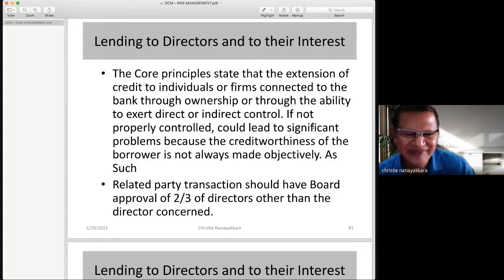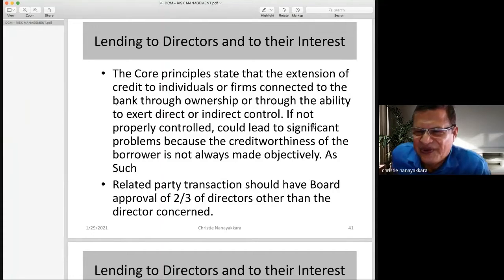Now, to avoid that, central bank has put in place that any facility concerning a director has to be approved by the board of directors themselves with a two-third majority. That means, say you have 11 directors in the bank. One director is requesting a facility.